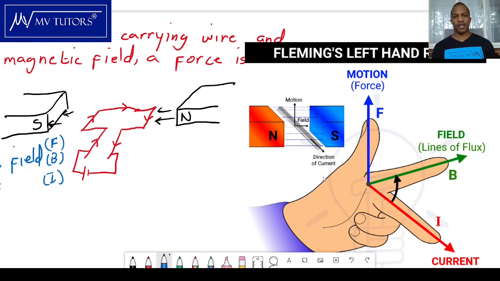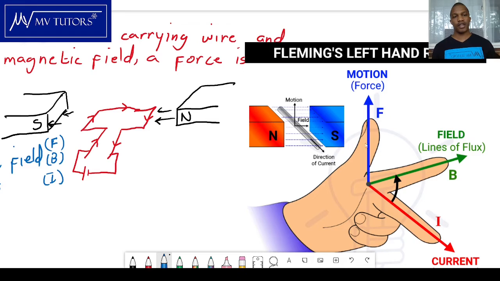That's the B. And then the current is moving, so this is a 3D shape, moving from the page towards you, or from the screen towards you. That is the middle finger.